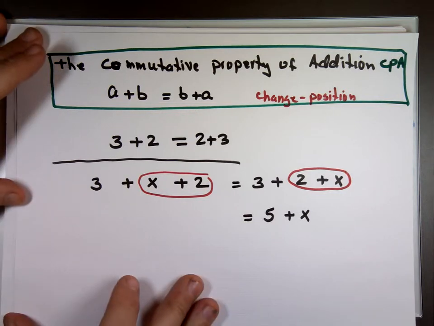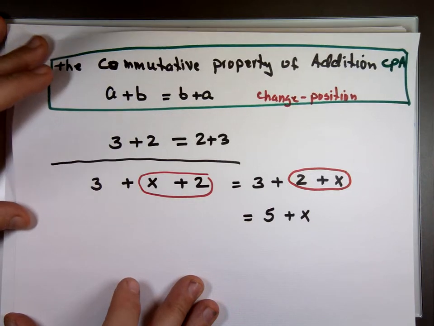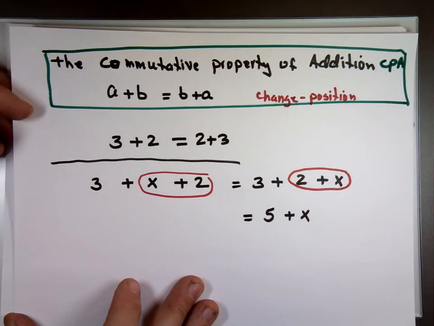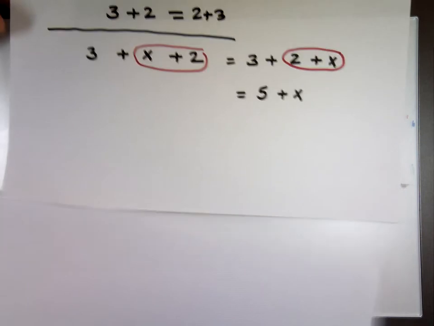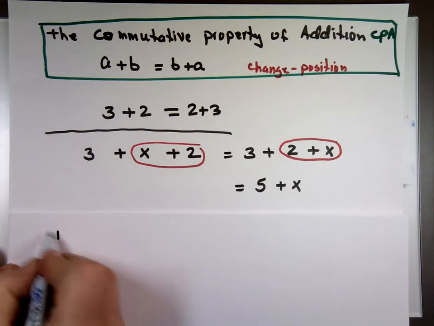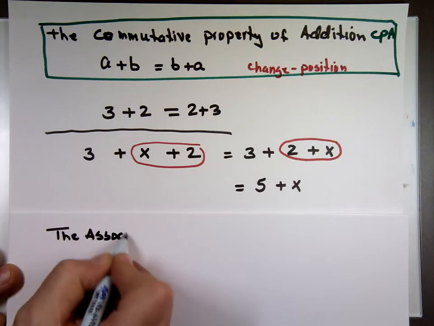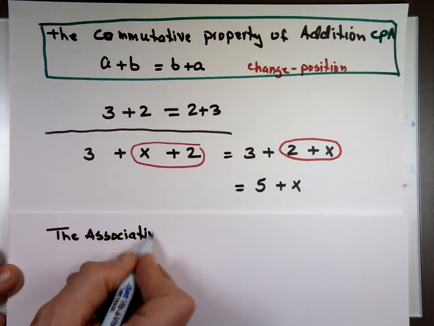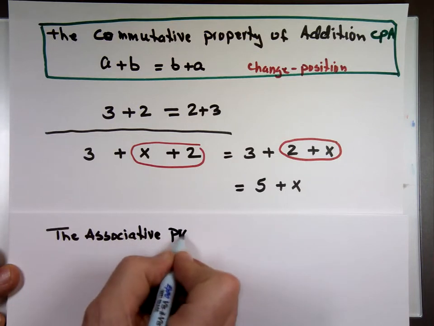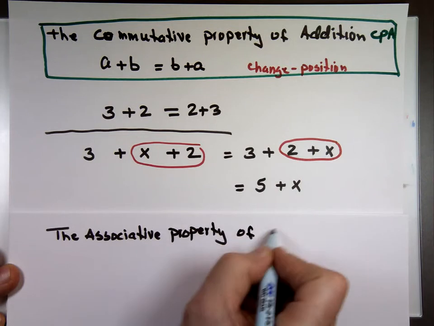And the next one, the associative property of addition. It's still writing here. I'll leave it there and I'll just write under it. Those are the boring ones.